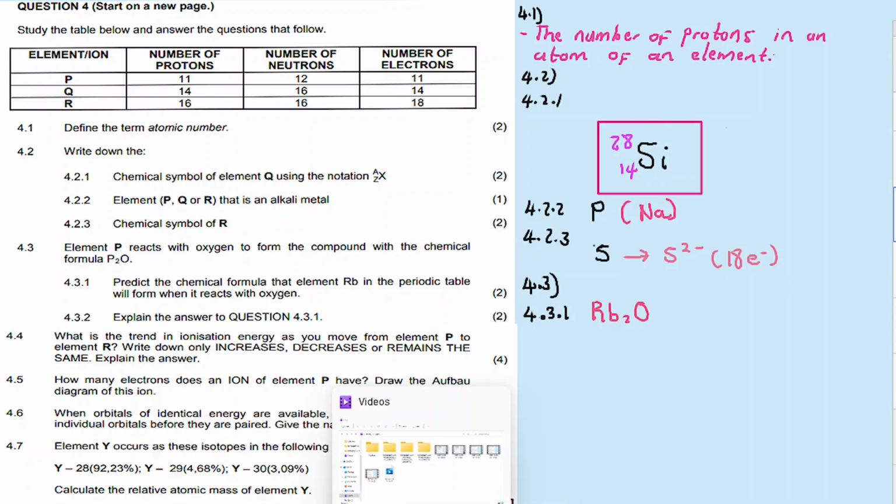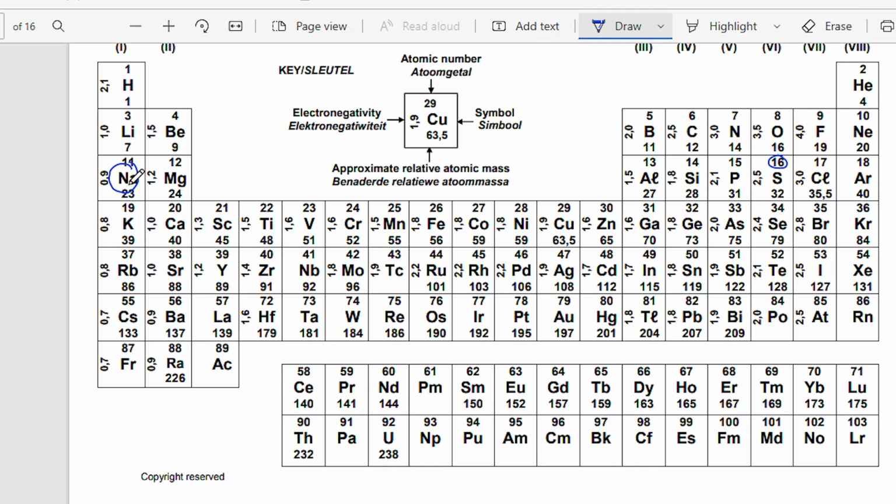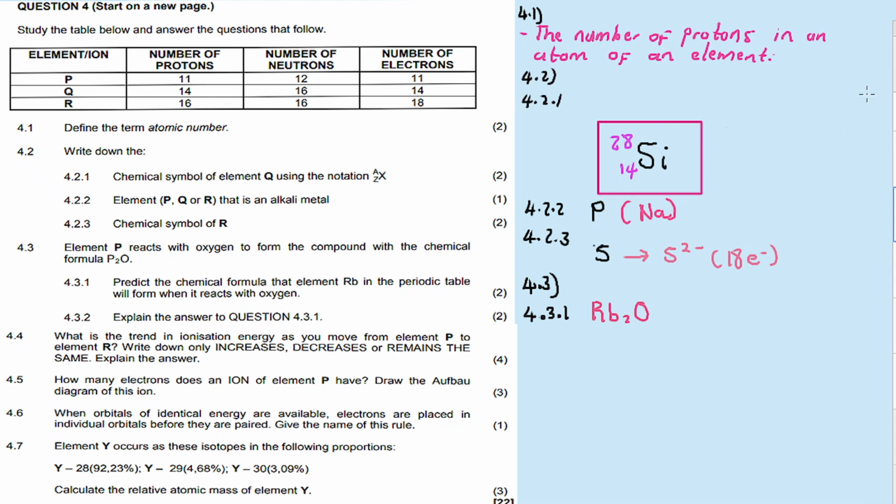Because Rb is in the same group as sodium, so it's only logical to say Rb reacts with oxygen to form Rb2O, because they're in the same group.